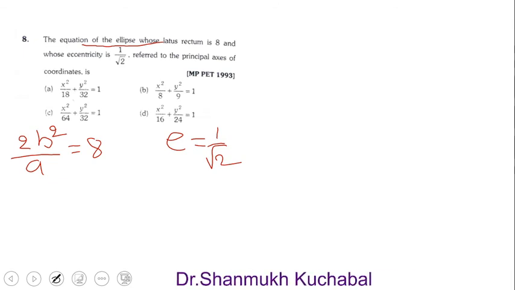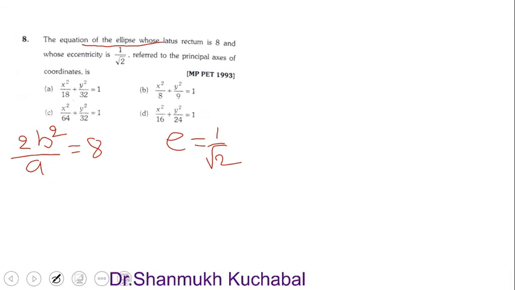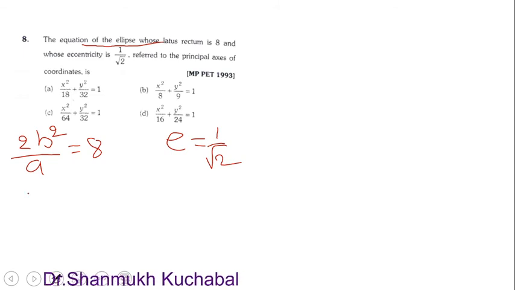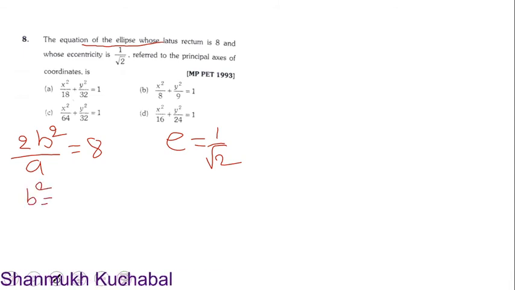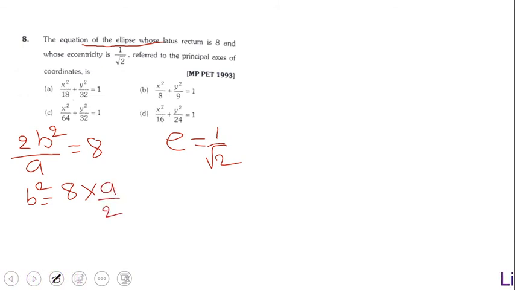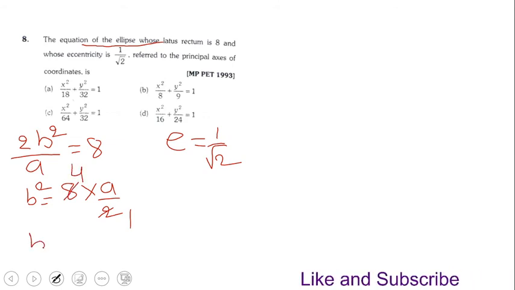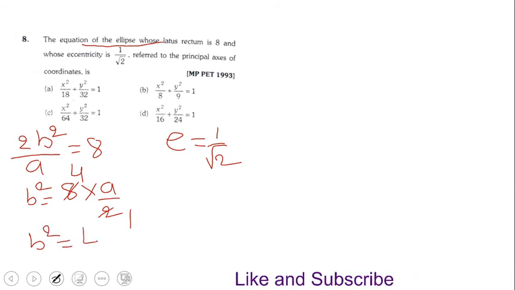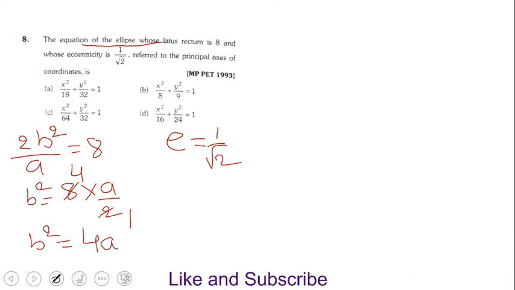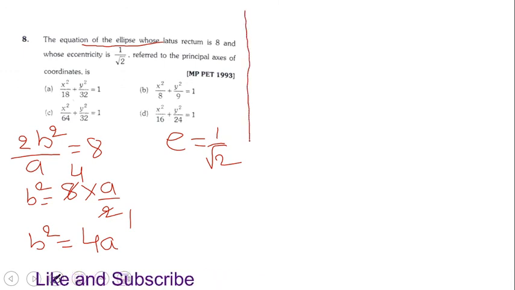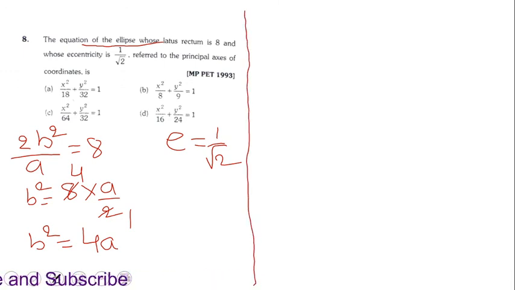Yes, so we'll write a solution for b square. So b square is 8 multiplied by a, divided by 2. So then we get 2 1s are 2, 4s are 8. Okay, so we get the b square value as 4 times a. Then I use the relation between a, b and e.